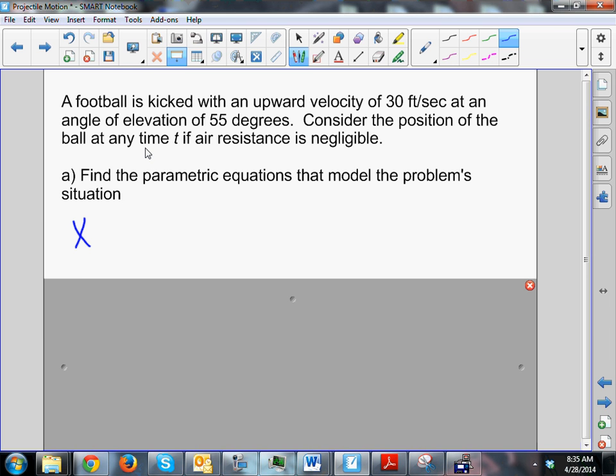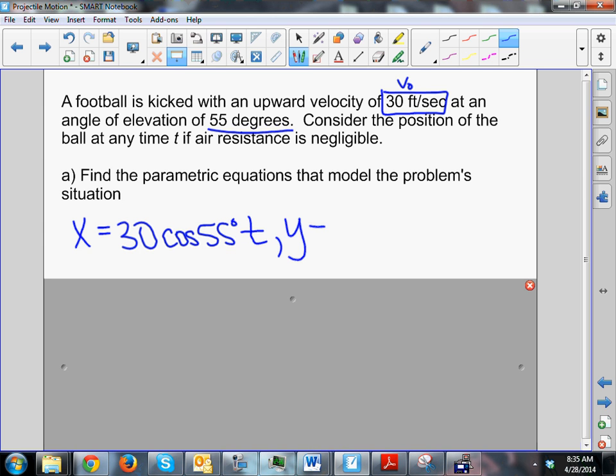Okay. So V naught is 30 feet per second, our initial velocity, right? And our angle, okay, so we have 30 times, I just want you to write cosine of 55 degrees t. I don't want you to approximate it. Okay?